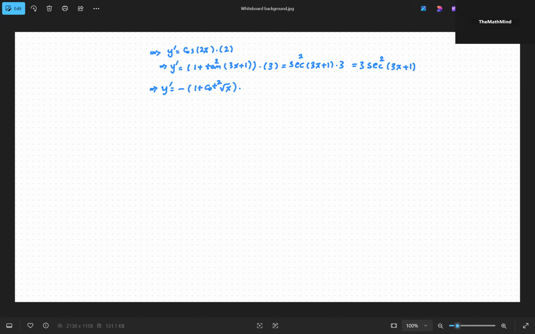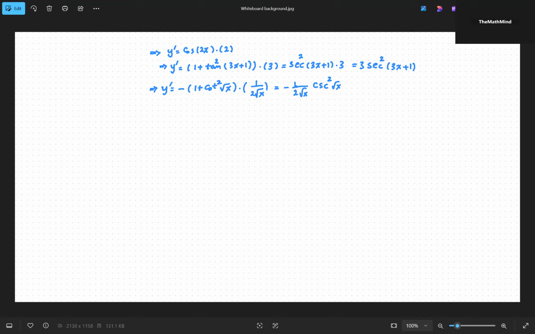The derivative of root x is 1 over 2 root x. We calculated that earlier in this video. And then we can just use negative 1 over 2 root x. And instead of 1 plus cotan squared, we can write cosecant squared root x.